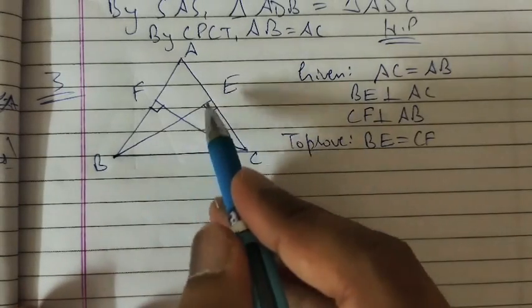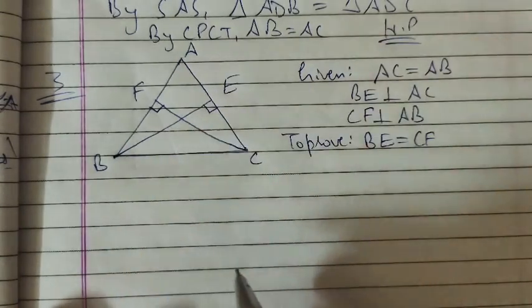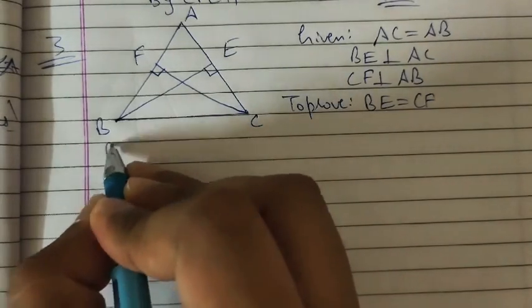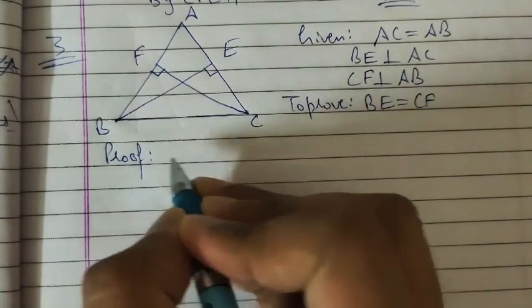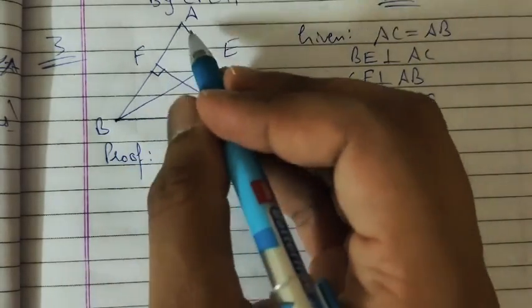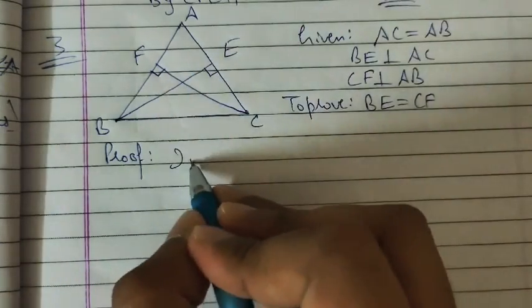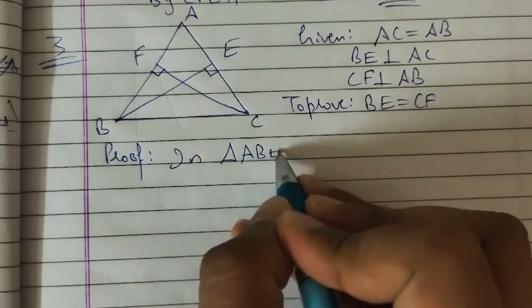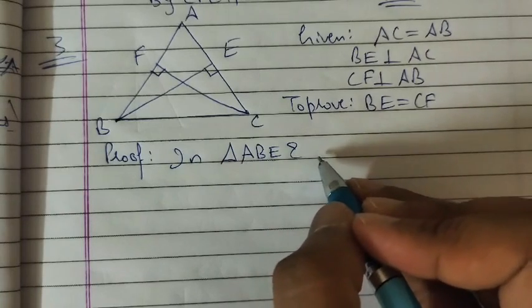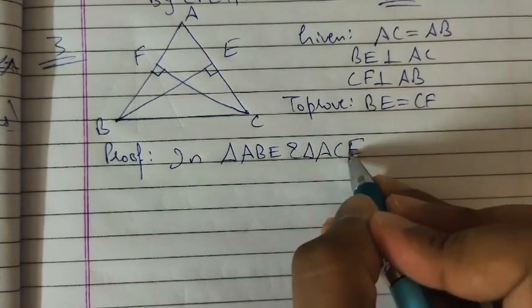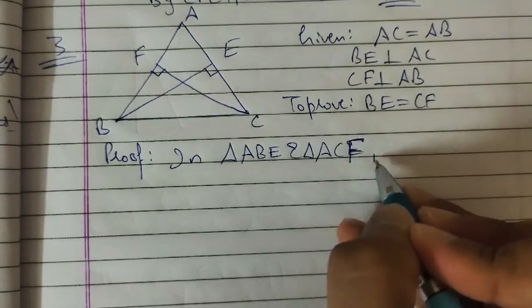So BE is perpendicular to AC and CF is perpendicular to AB. Now we have to prove that BE is equal to CF. So proof. We know that BE and CF are a part of this triangle and that triangle. So in triangle ABE and triangle ACF, what do we have?